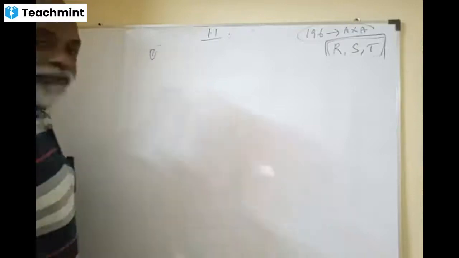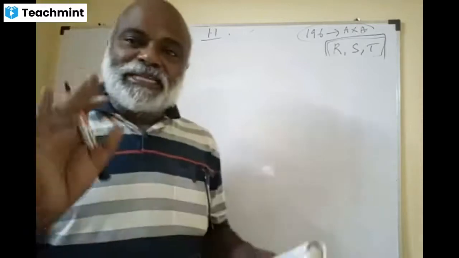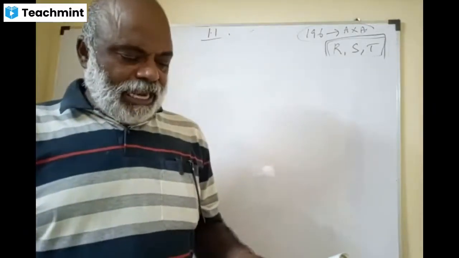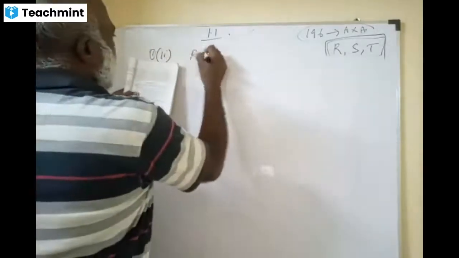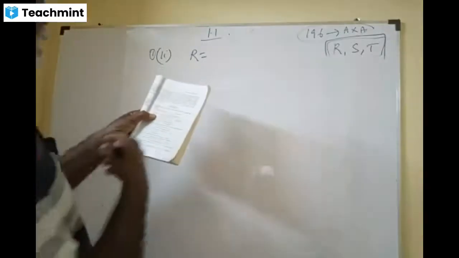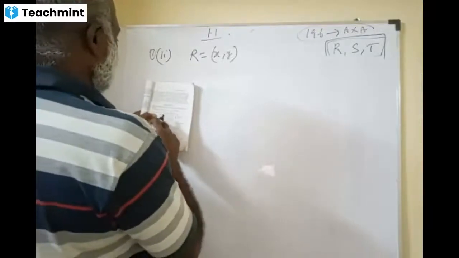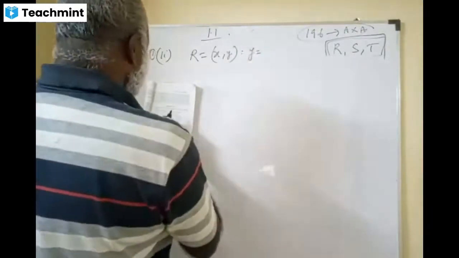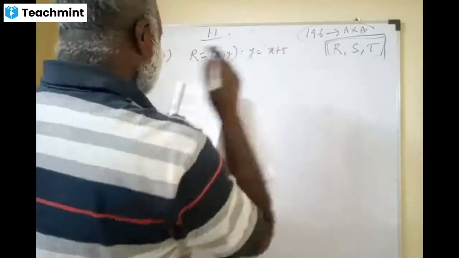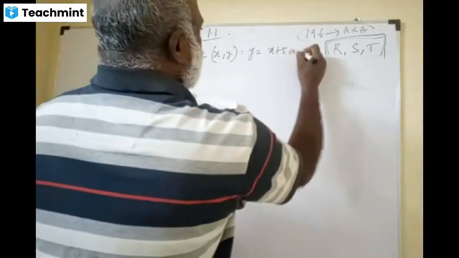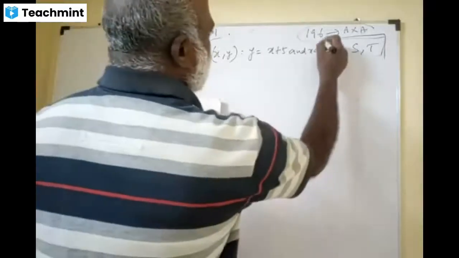The second part, right? You try the second one, please. Once again, let us see whether we put that format in order or not. Relation R in the set N of natural numbers is defined as R equals x comma y such that y is x plus 5 and x is less than 4.